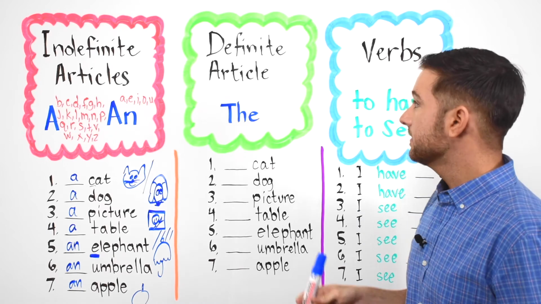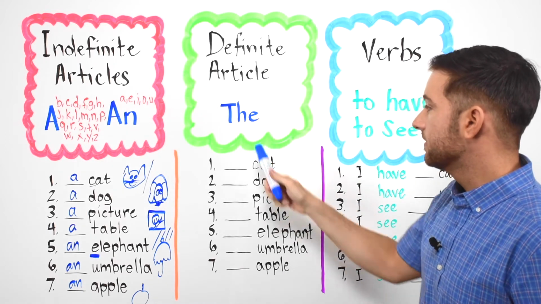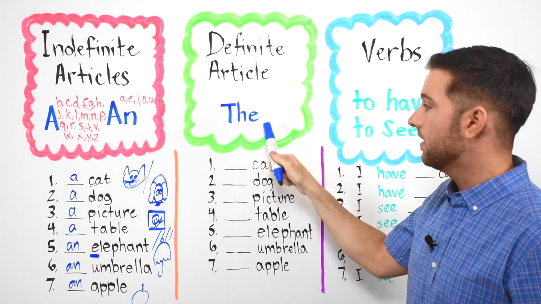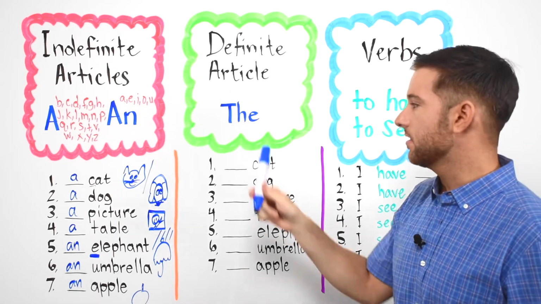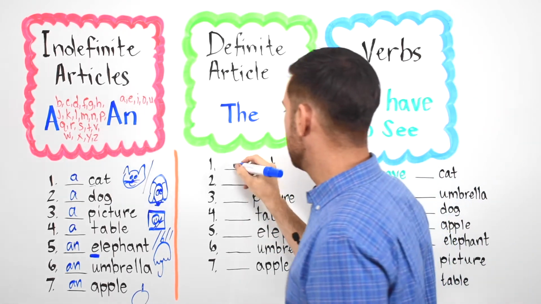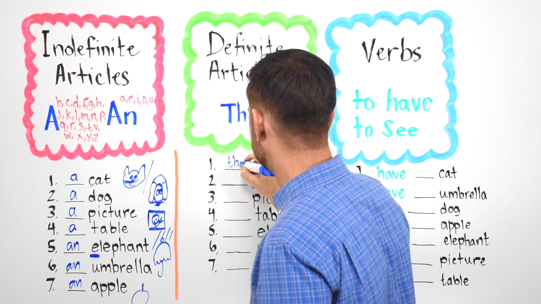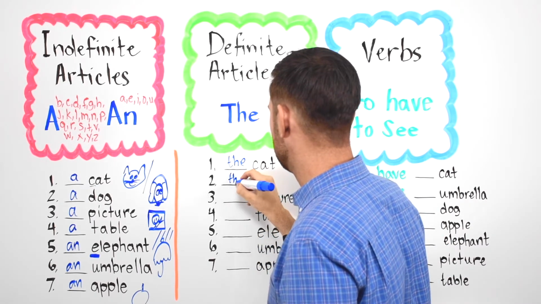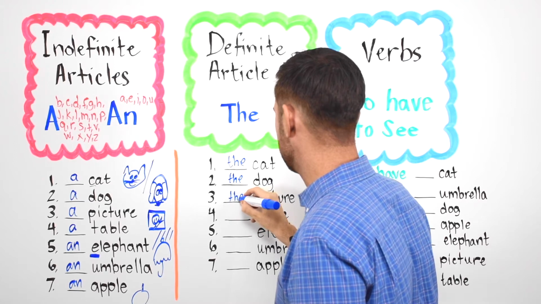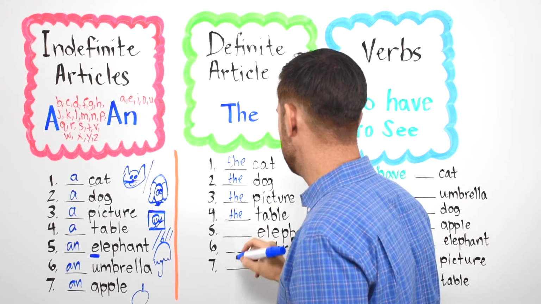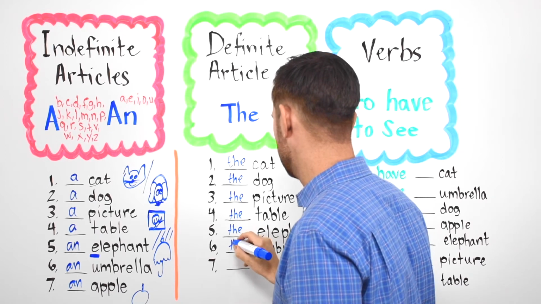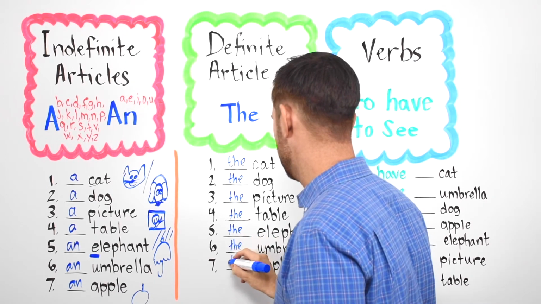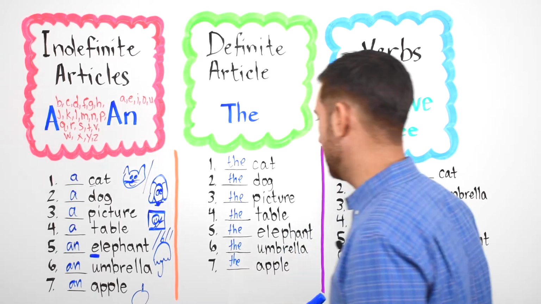Okay, now let's look at the definite article the. Sometimes people pronounce the as "thee," okay, but not too often. Most people pronounce it "thuh." So we'll say the cat, the dog, the picture, the table, the elephant, the umbrella, and the apple.